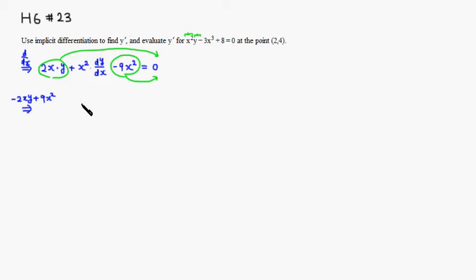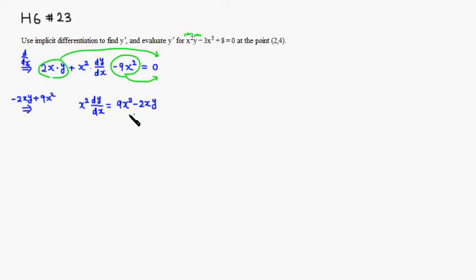That way what's left on the left is x squared dy over dx, which is equal to, since you're adding, 9x squared, then subtracting 2xy.